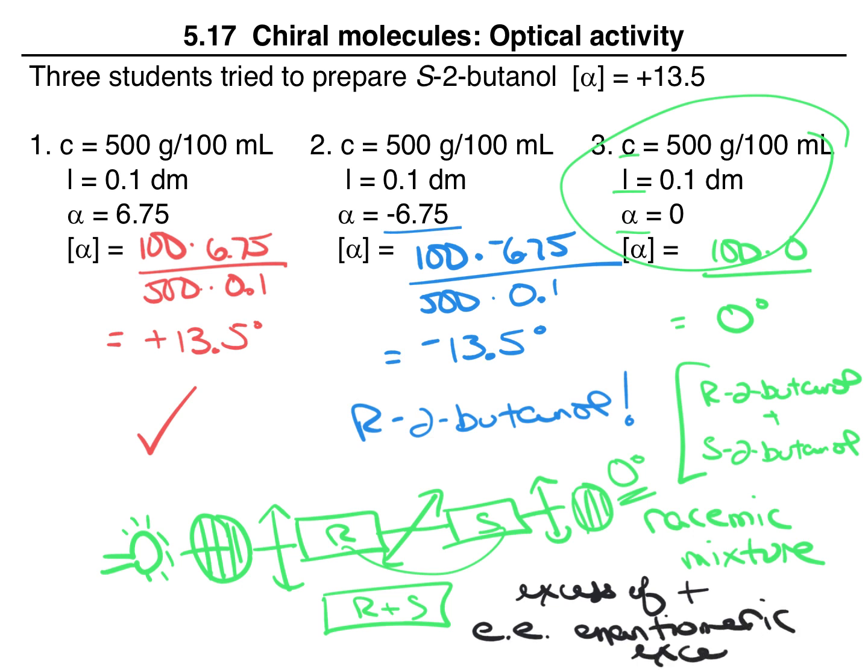And this gives you information on how much of the plus and how much of the minus you have in solution. We're not going to do those calculations, but I just want you to know that it is possible to have all of one enantiomer, all of the other enantiomer, a 50-50 mixture of enantiomers, and everything in between.